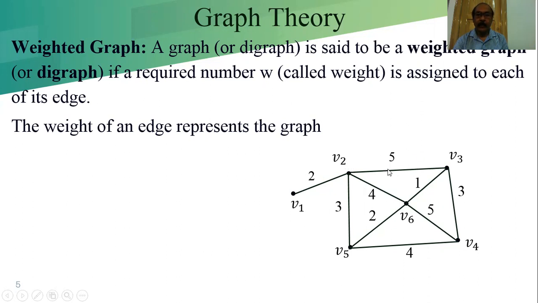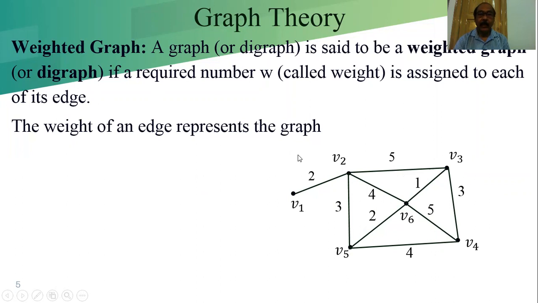V2, V3 weight is 5. V3, V4 weight is 3. V4, V6 is 5. V3, V6 is 1. V2, V6 weight is 4. V5, V6 is 2. V2, V5 is 3. So this is an example of a weighted graph.